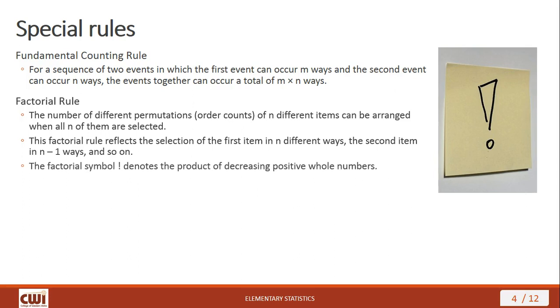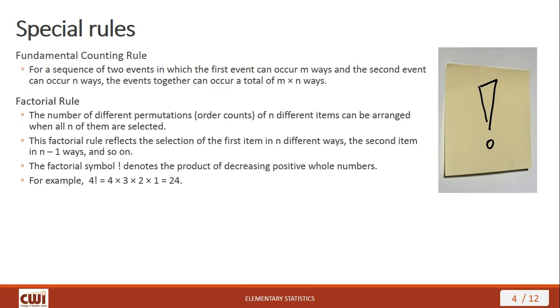We use an exclamation point as the factorial symbol, and this denotes the product of decreasing positive whole numbers. So, for example, 4 factorial is simply 4 times 3 times 2 times 1, which is 24.